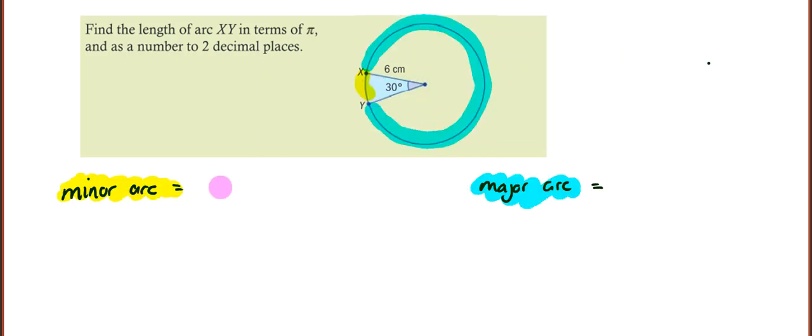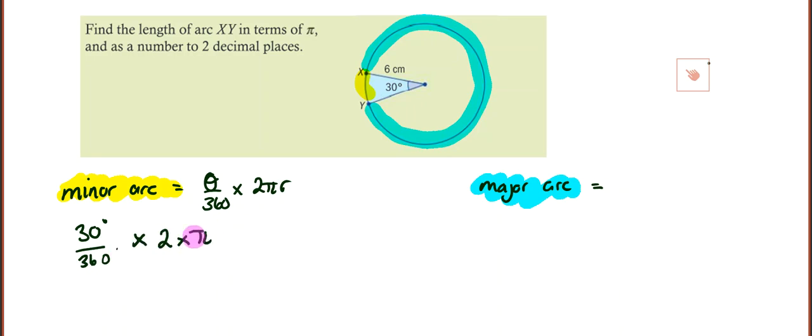So we know we're going to do theta over 360 times 2 pi r. That's going to be 30 degrees out of 360 degrees, multiplied by 2, multiplied by pi, multiplied by r, which is 6.